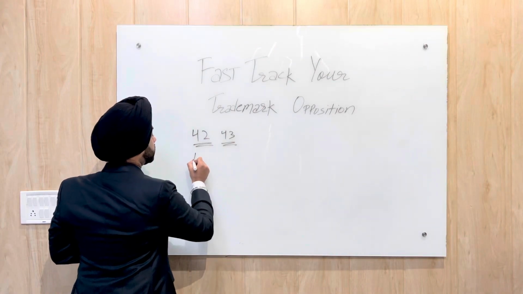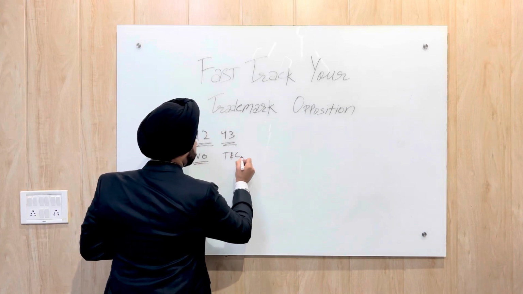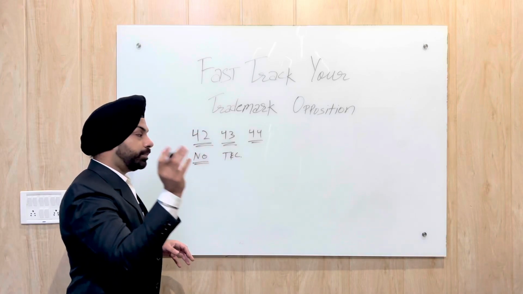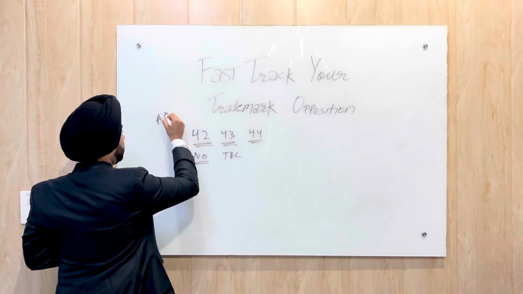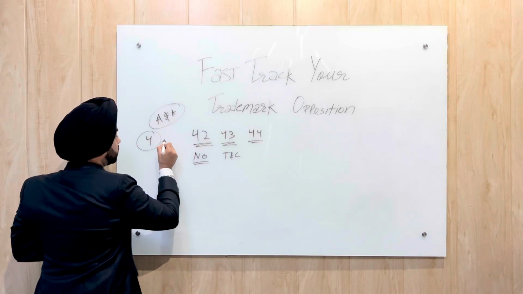So this is the notice of opposition, and these are the terms and conditions. When your trademark is approved, accepted and advertised, there is a window of 4 months.